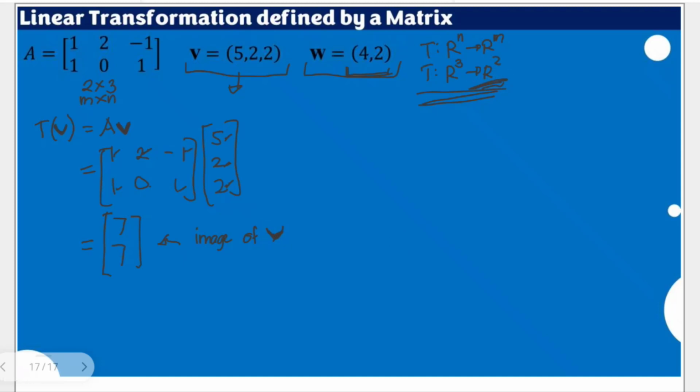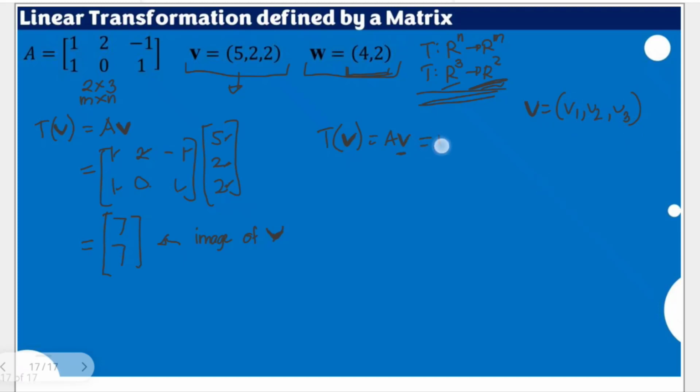Now, for the pre-image of our vector w, we're still going to use the same process here. But more specifically, we are no longer solving for the result, but we are solving for this. And we know that our v here is an element of R3. Hence, our v here has 3 components, v sub 1, v sub 2, and v sub 3.